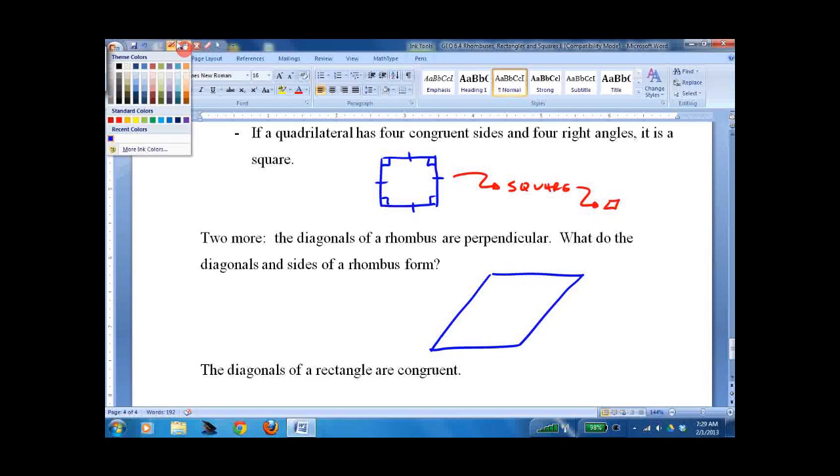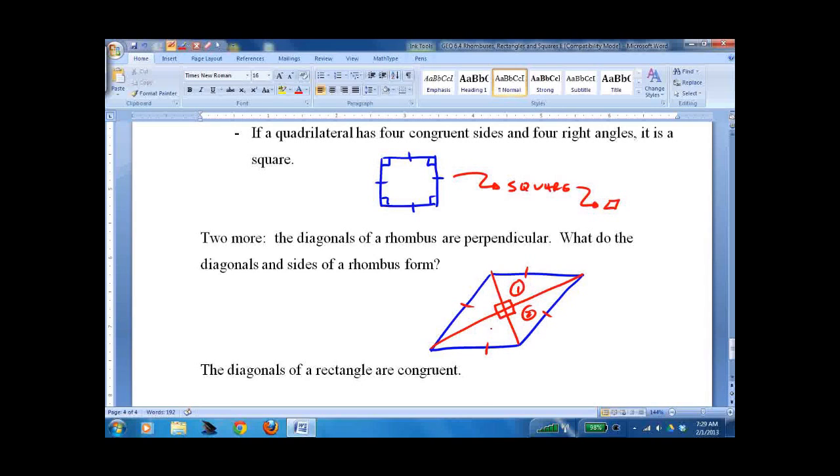If you draw on the diagonals of a rhombus, so we know we've got a rhombus because there's 4 congruent sides, almost a perfect rhombus, not quite, you get 4 right angles and you get 4 congruent triangles. That's what my question here is intended to get, 4 congruent triangles.